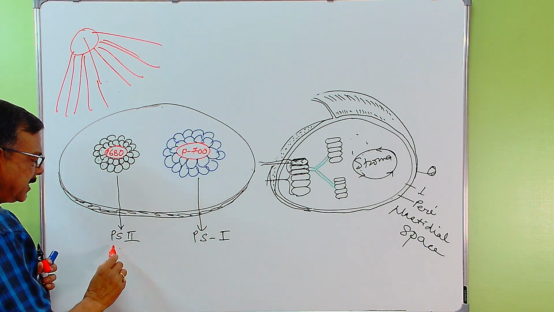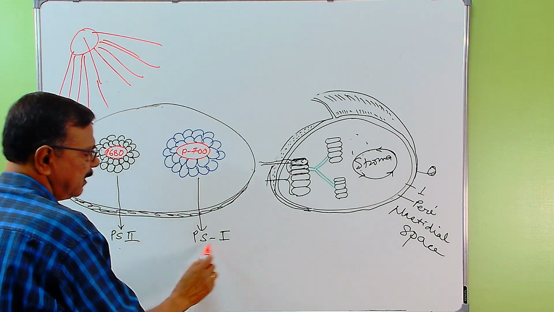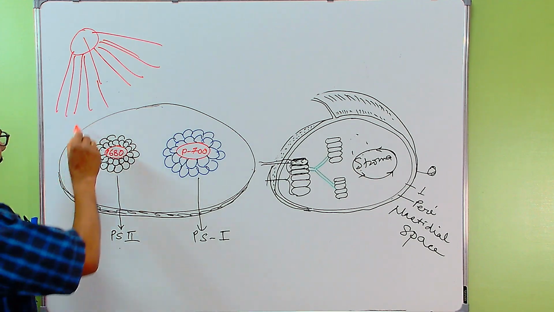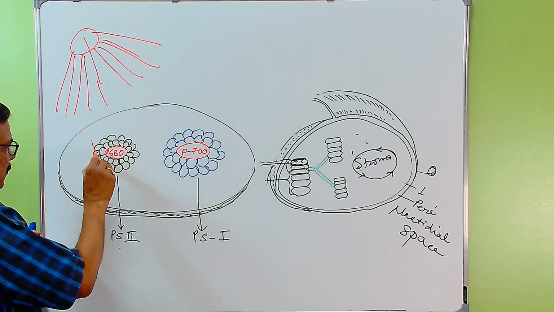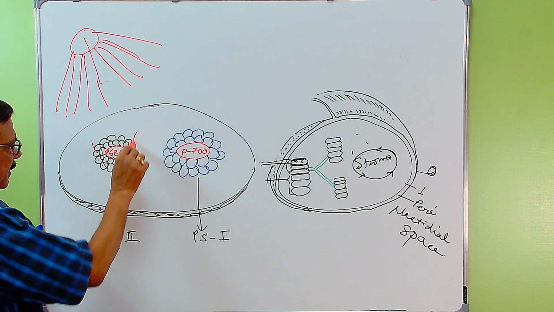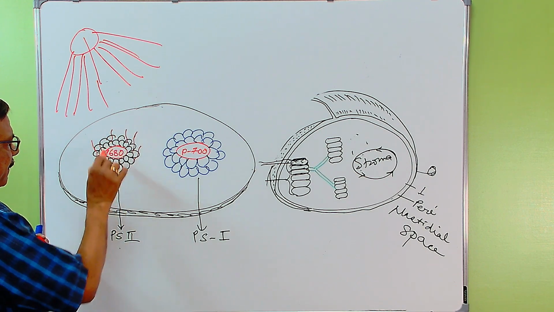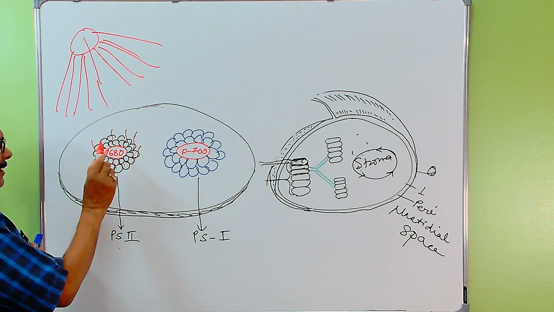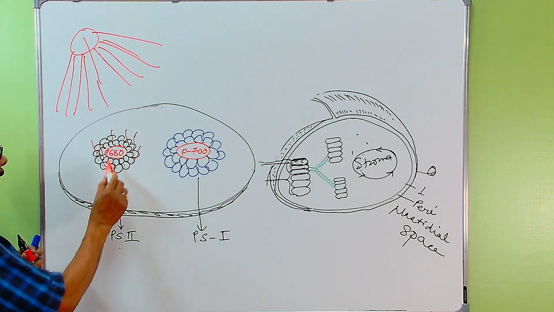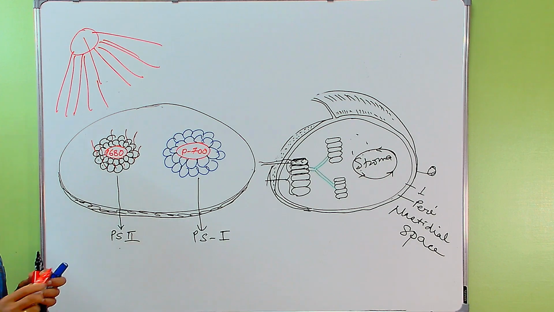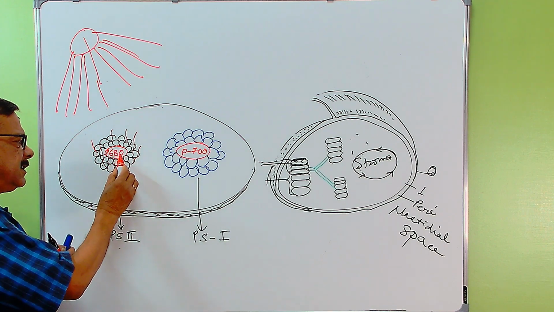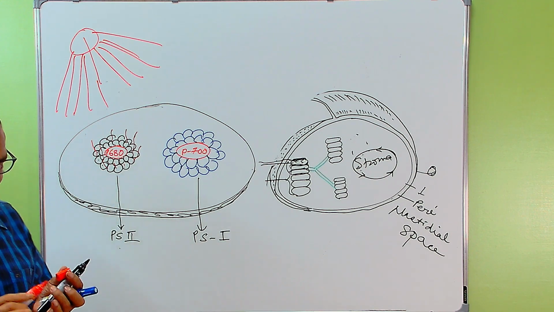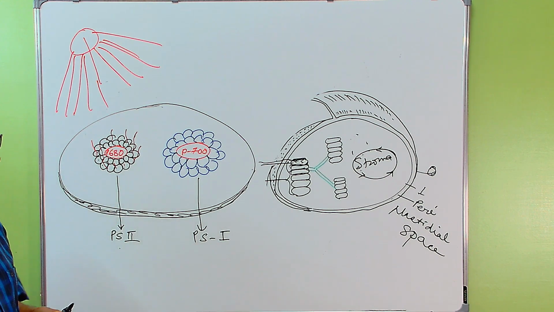This cluster is known as PS2, and this cluster is known as PS1. They will absorb light at 680 nanometer or below that; they absorb the light energy or photon.